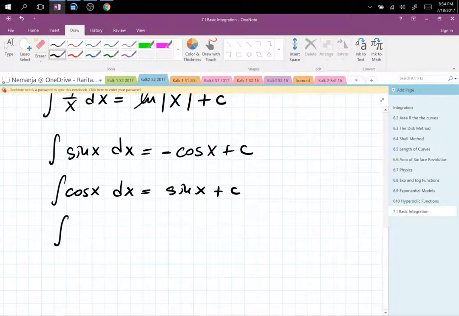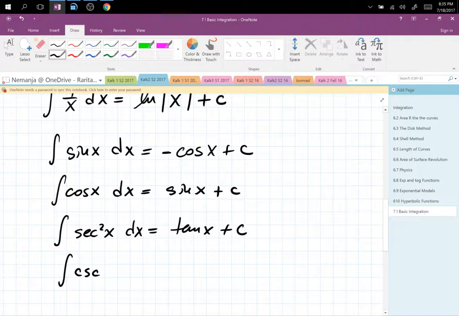Integral of cosine x dx. Integral of tangent x dx. Nope, it's ln. It's not basic, right? Yeah, so it's not a basic one. How about the secant squared? How about cosecant squared?